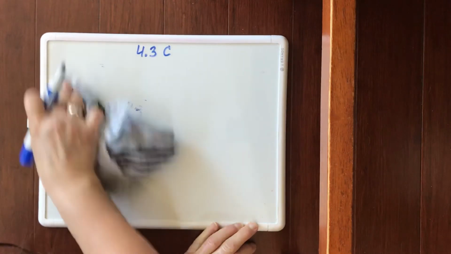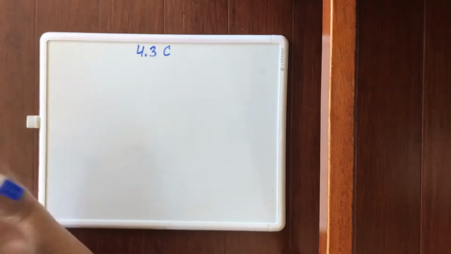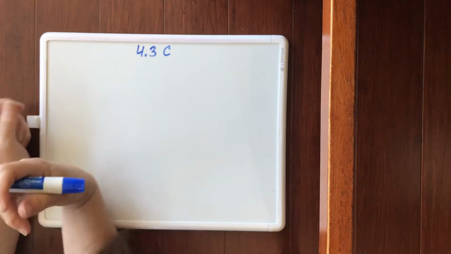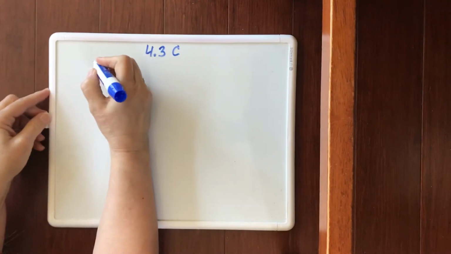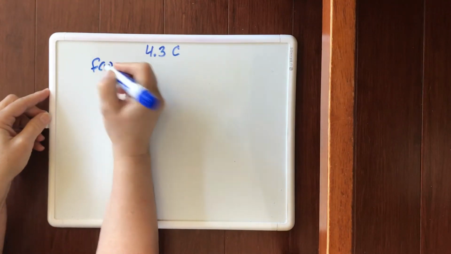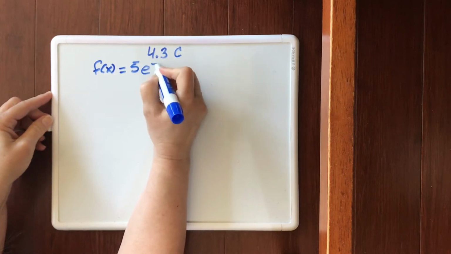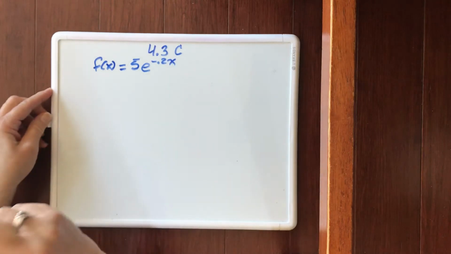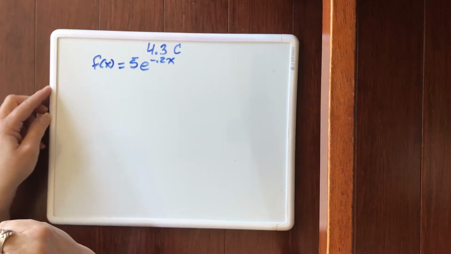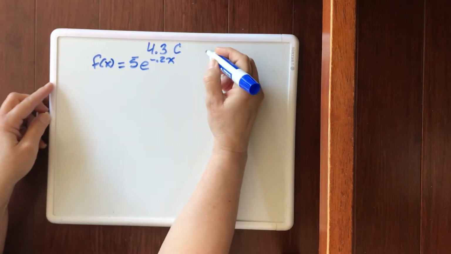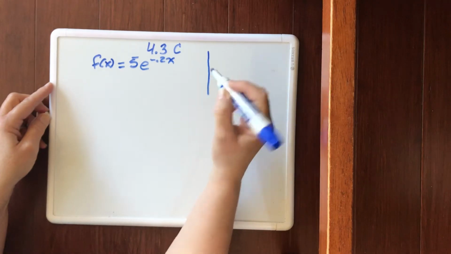Okay, so here's an actual problem that we're going to work with. We're going to let f of x equal 5e to the negative 0.2x. Okay, let's draw that on a graph. I'm going to draw that quickly.